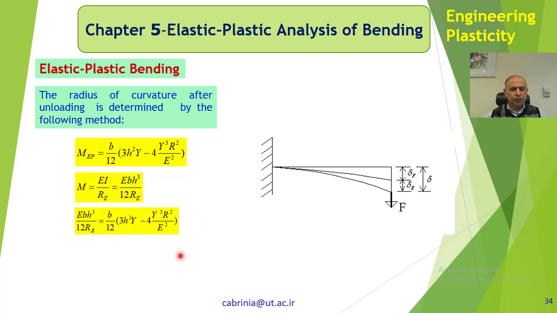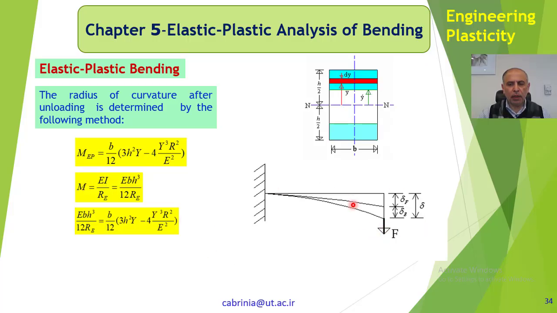Then we have EBH cubed over 12 RE is equal to that. Why do we put it equal to that? Because this is on the elastic plastic boundary, and this is the moment that we are taking off. While taking the load off, we are taking this moment off. Therefore, we put this equal to that.